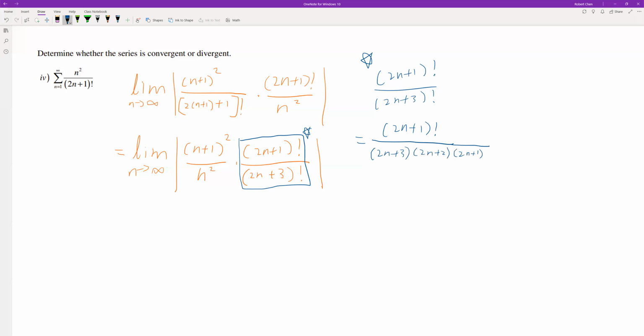Now notice that we hit the same thing, right? So we can add a factorial here, and then it's going to multiply downwards. So if we rewrite star as this expression, then we can divide out the (2n plus 1)!, leaving us 1 over these two binomials in here. So let's go ahead and do that.